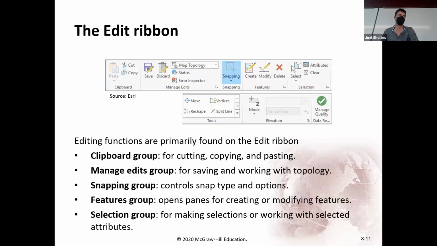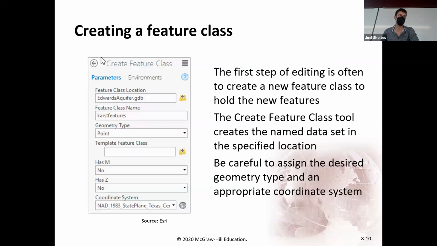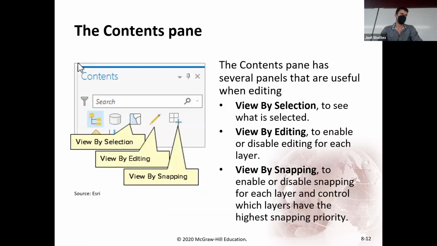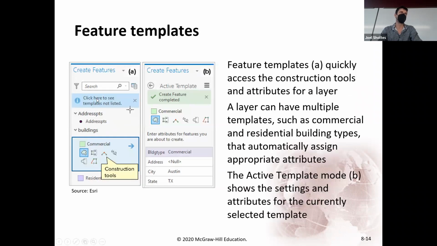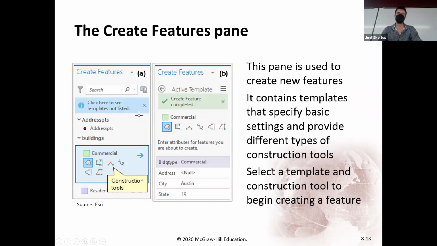Once you've made the file, you have to populate it by digitizing stuff, right? Once you create a new shapefile, you need to drag it into your map, into your contents pane or your map pane, and it'll show up in the contents pane, but you won't see anything because it's empty.